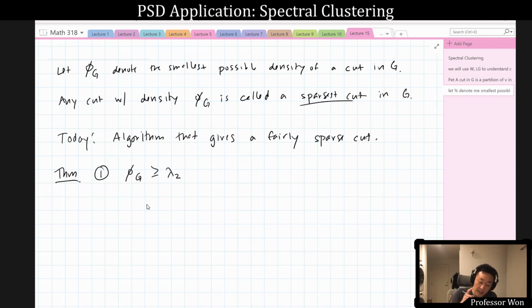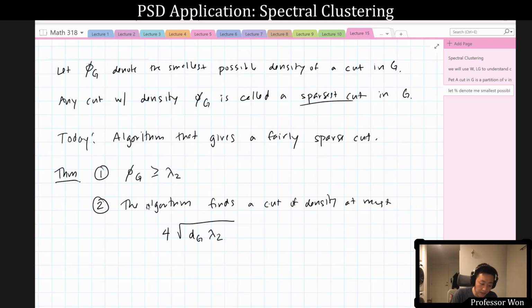Okay, so the sparsest density, the smallest possible density, is bigger than or equal to the Fiedler value, and the algorithm that we'll implement finds a cut of density at most 4 times the square root of d_G times lambda 2, where d_G is the largest degree of a vertex in G. Okay, so this is a relatively sparse cut.